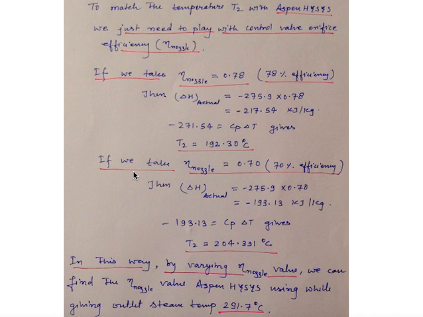You have to correct it by this manual method, because there is no option in the HYSYS control valve to input the efficiency. It takes it automatically. We don't know how it calculates, but it takes it automatically, which is not always reliable.